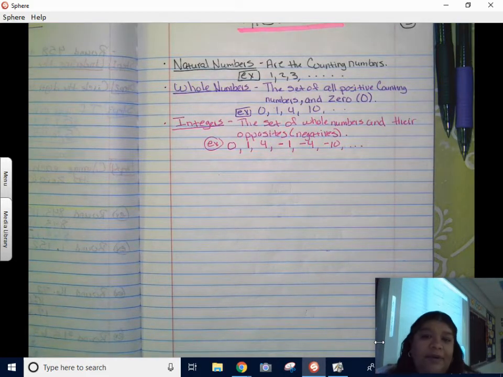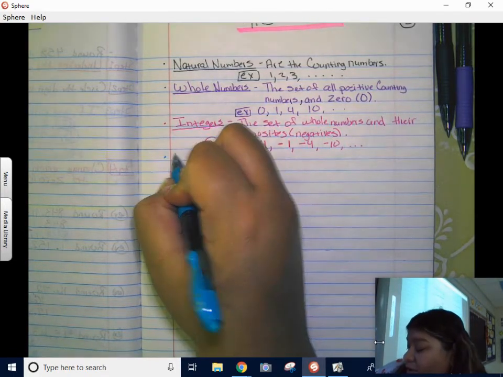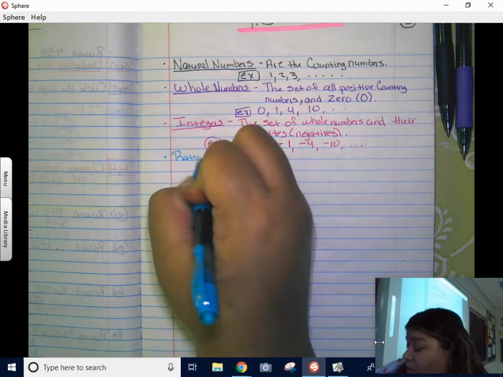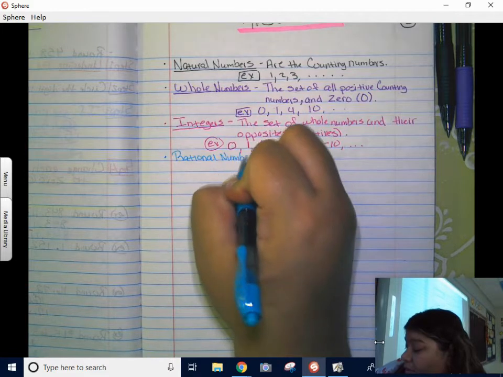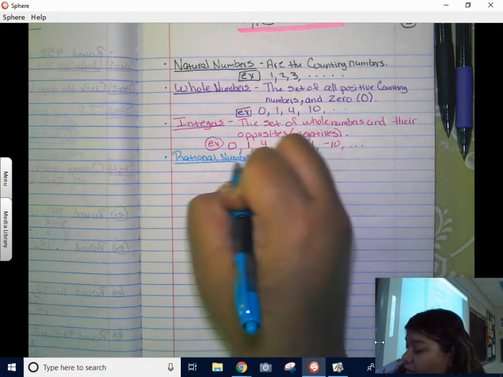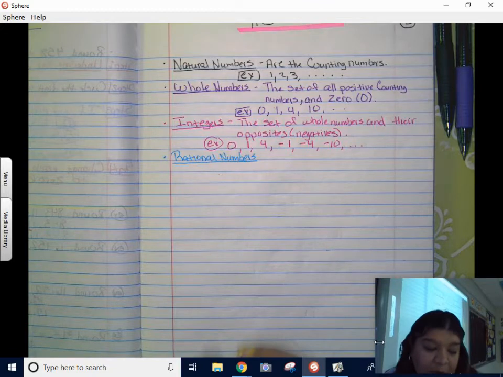The next one we're going to talk about, I call them the Hufflepuff of the group, because they let just about everybody in, and that is our rational numbers. Okay, they let everybody in. So the actual definition of it, there's a couple of numbers that aren't allowed in the rational numbers, but for the most part, the majority are.